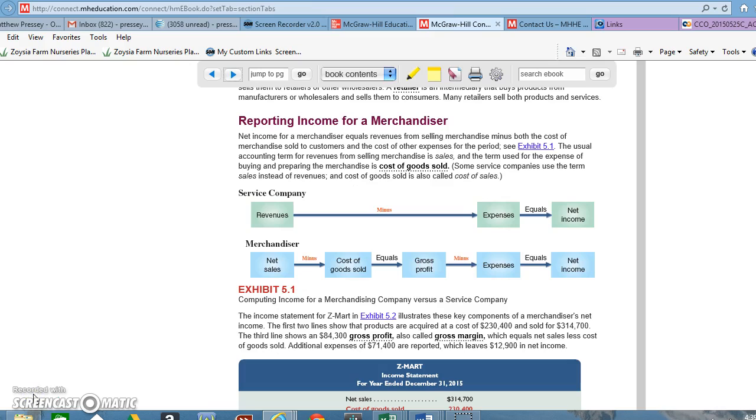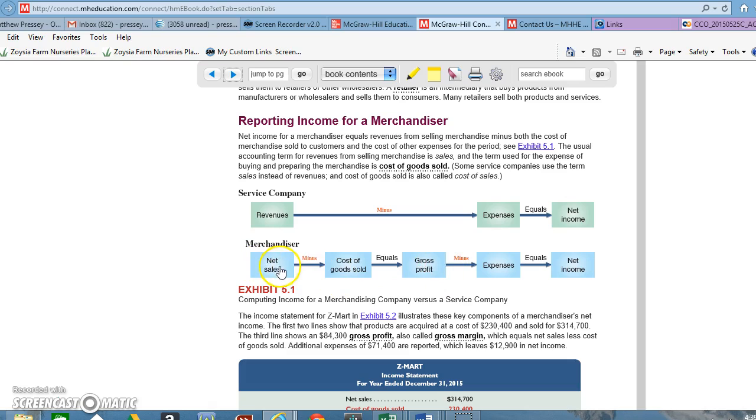Okay, I'm in chapter 5 now here in the textbook. Chapter 5 is pertaining to accounting for merchandisers, meaning retailers and such. Really early in the chapter, they come to a big concept I want you all to be familiar with.